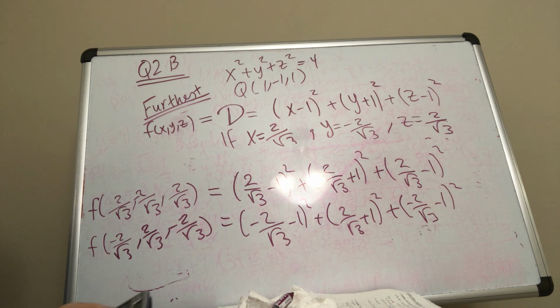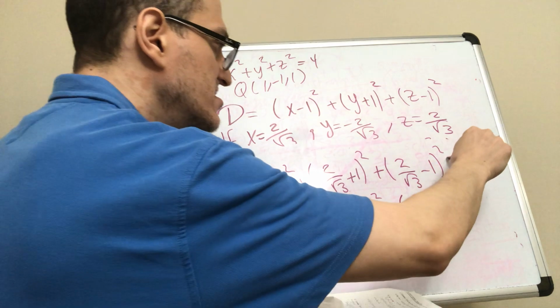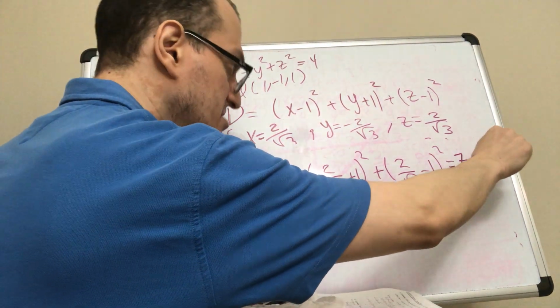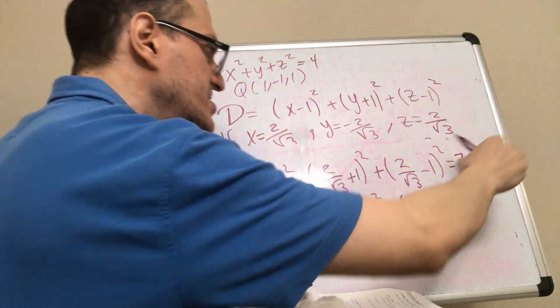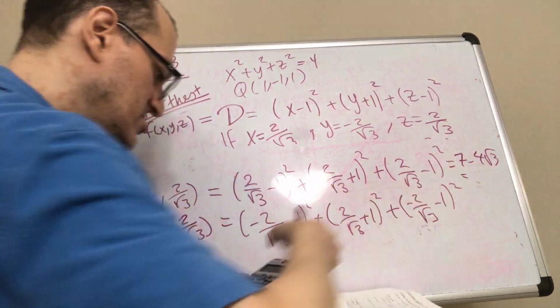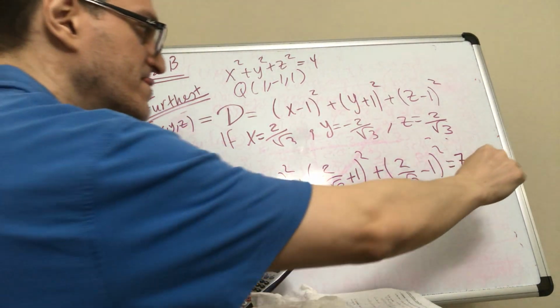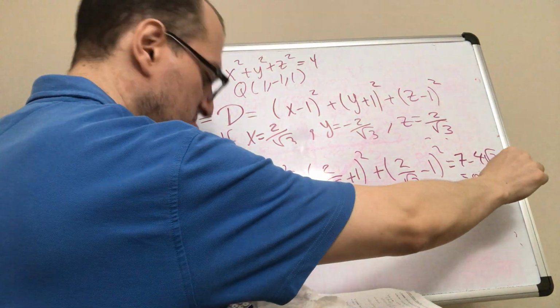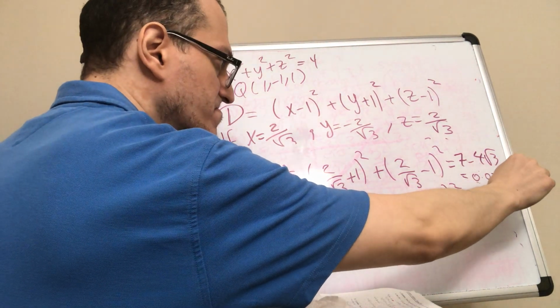The first one is 7 minus 4 root 3, which is about 0.72.